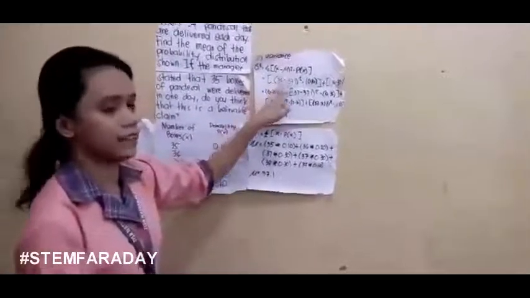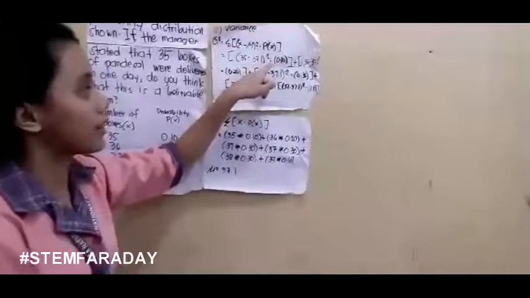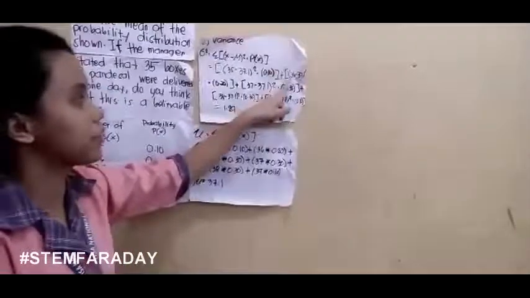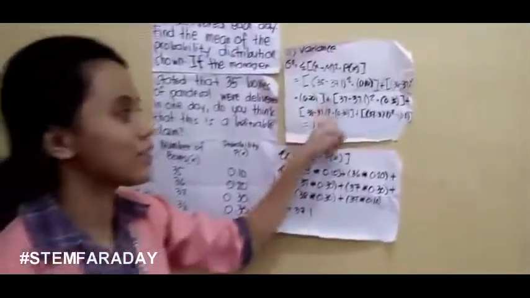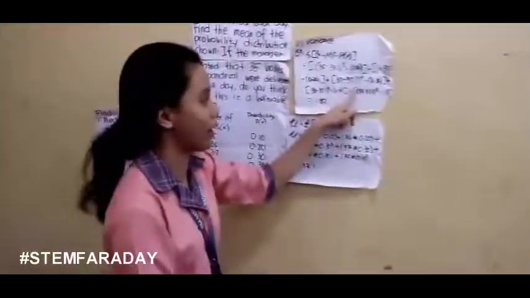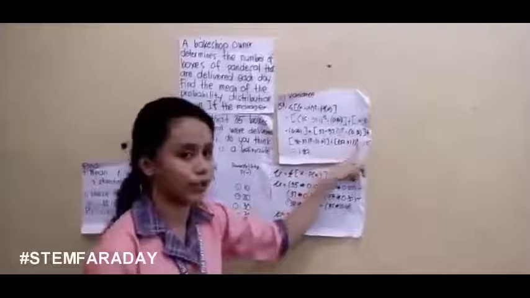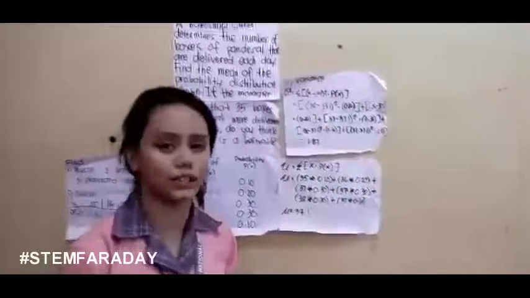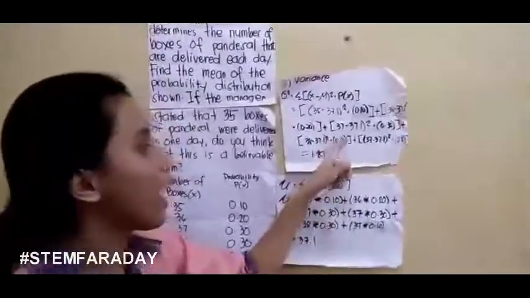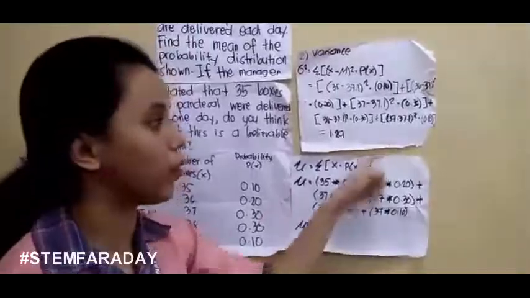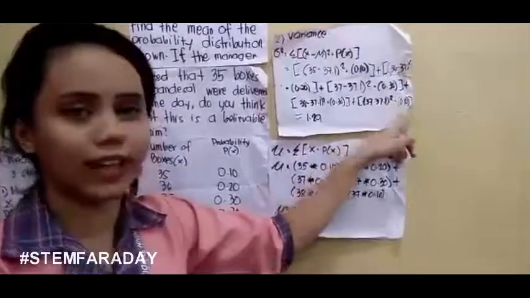So x is 35 minus 37.1 squared times 0.10 plus 36 minus 37.1 squared times 0.20 plus 37 minus 37.1 squared times 0.30 plus 38 minus 37.1 squared times 0.30 plus 39 minus 37.1 squared times 0.10. 37.1 here is our mean.